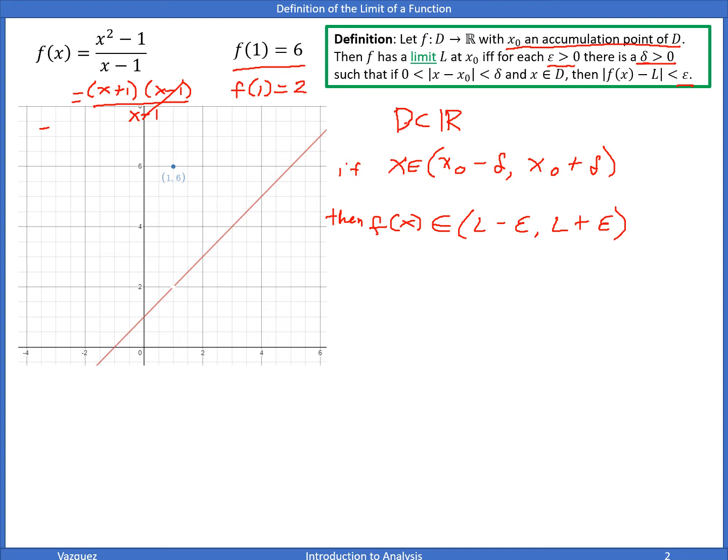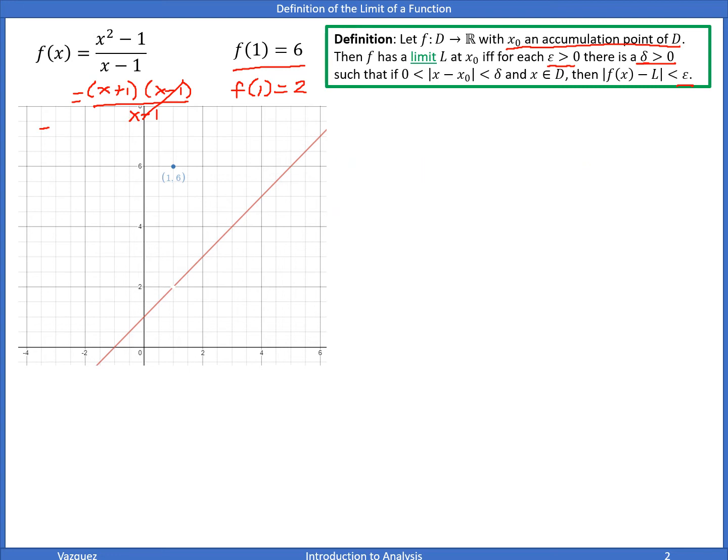What may help us here is a visual of what this definition even means. So let me just erase this. What does the definition tell us?